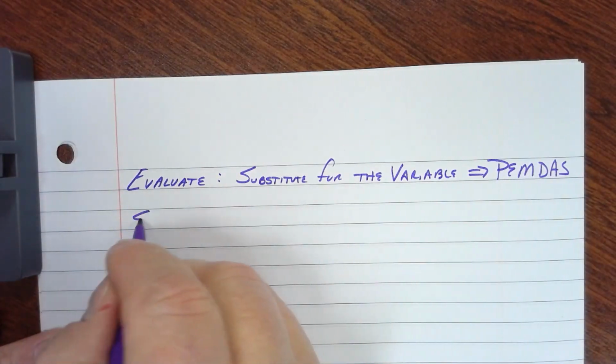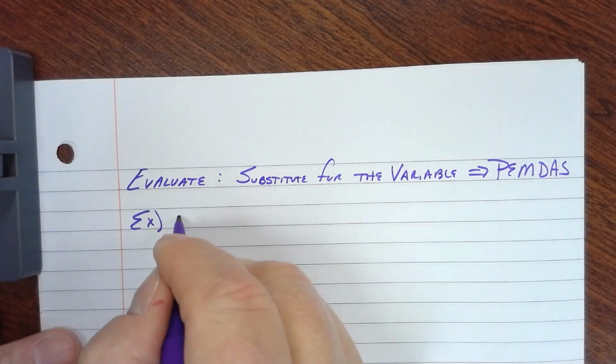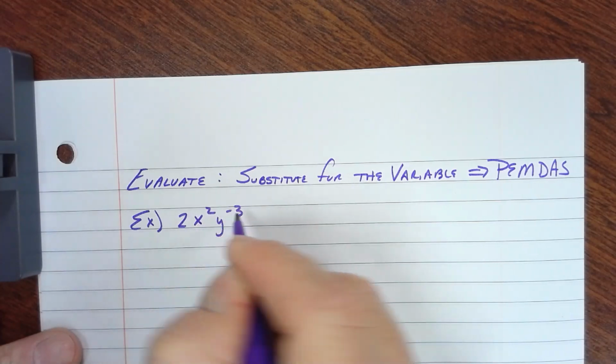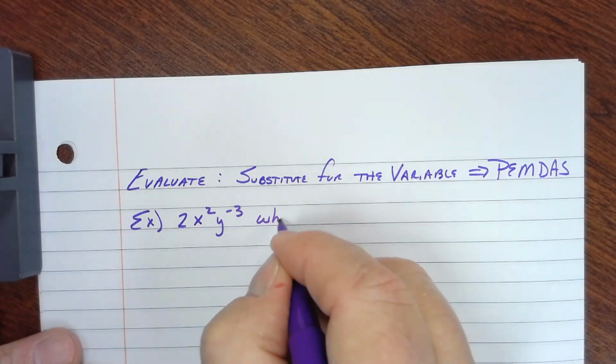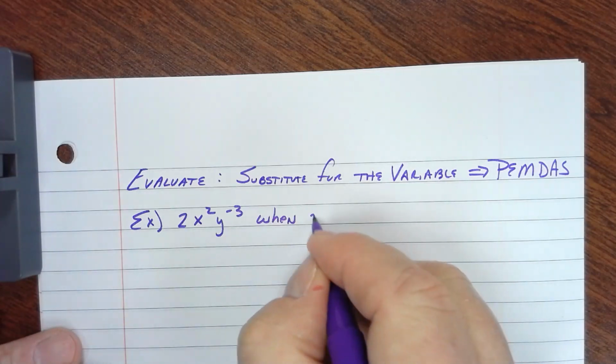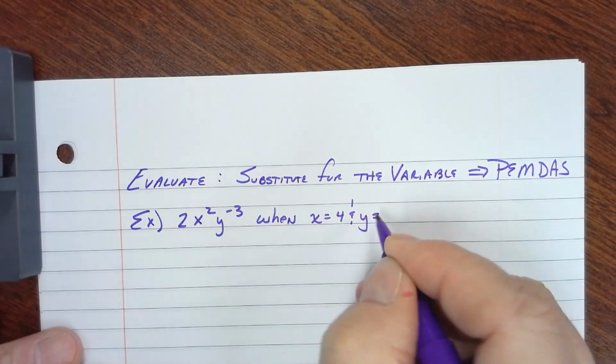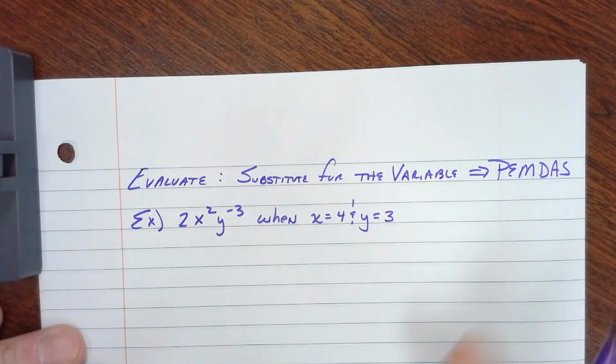So we are going to evaluate 2x squared y to the negative 3 when x equals 4 and y equals 3.